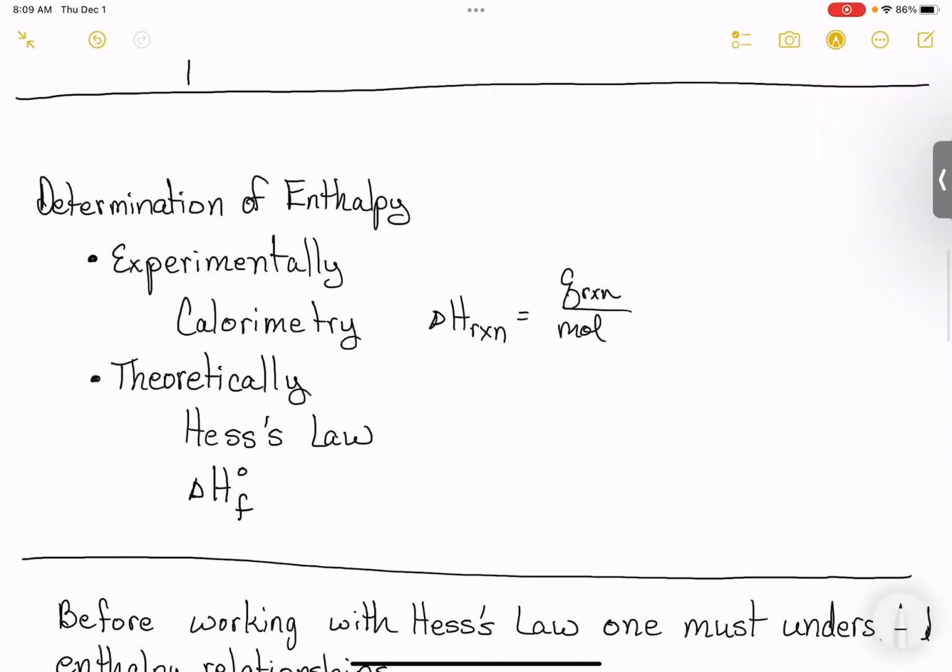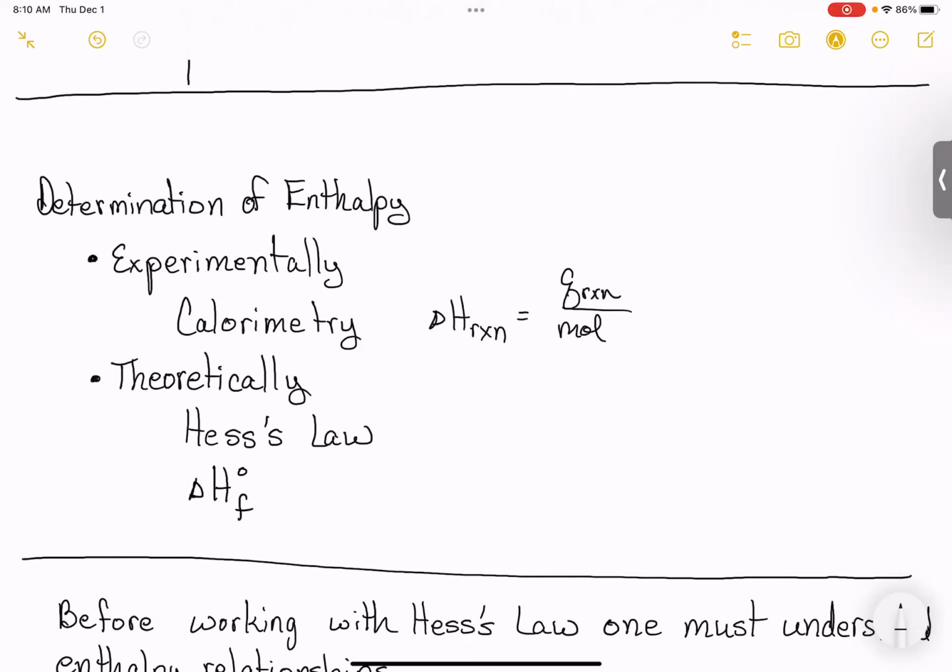So how do we determine the enthalpy of a reaction? You've actually already had some experience with this experimentally. Experimentally, you would use calorimetry, whether that is going to be a bomb calorimeter, which is at constant volume, or whether that is going to be a coffee cup calorimeter, which is at constant pressure.